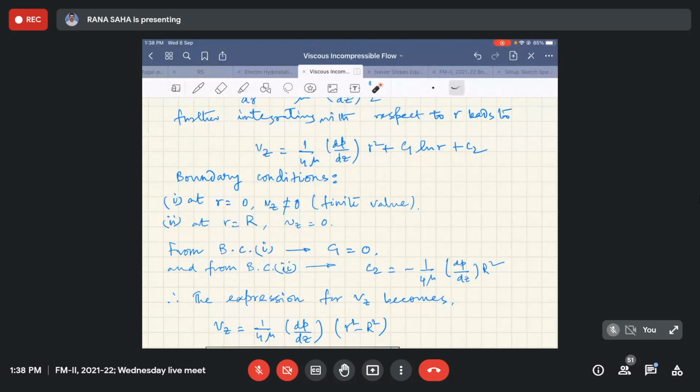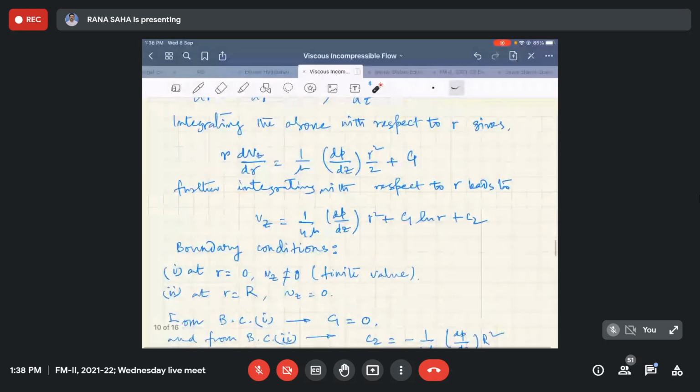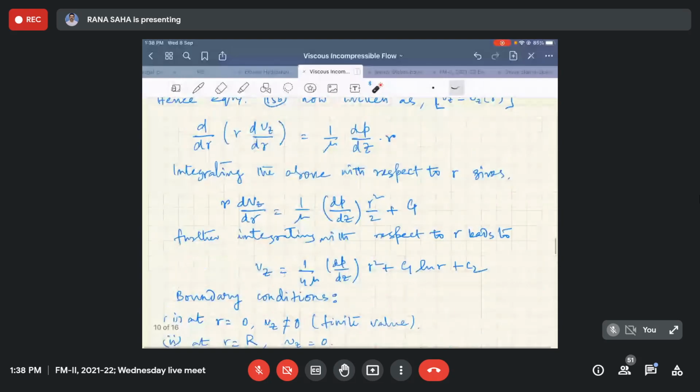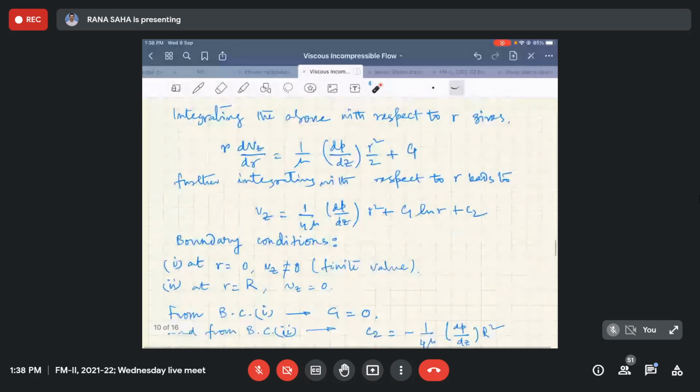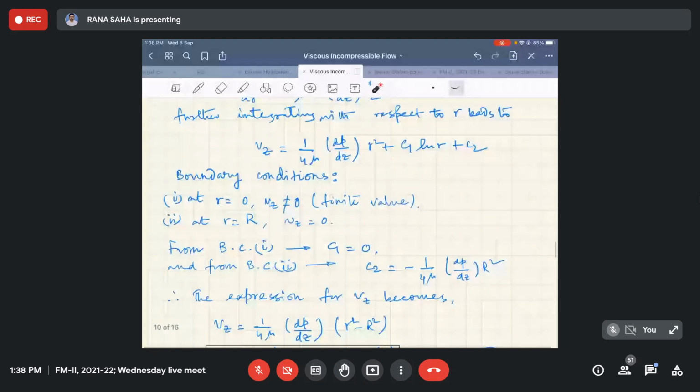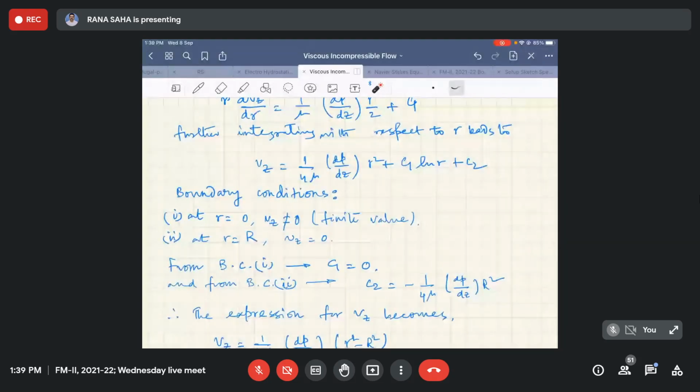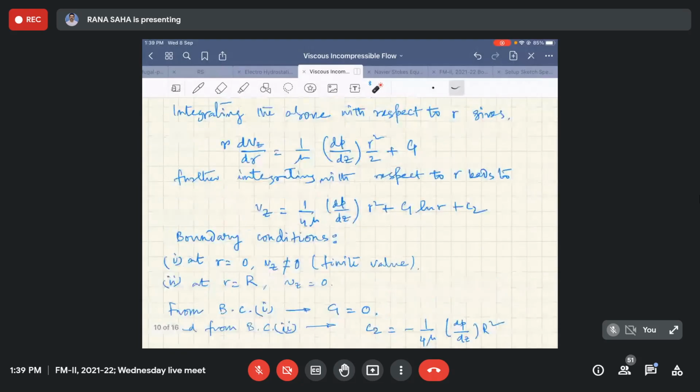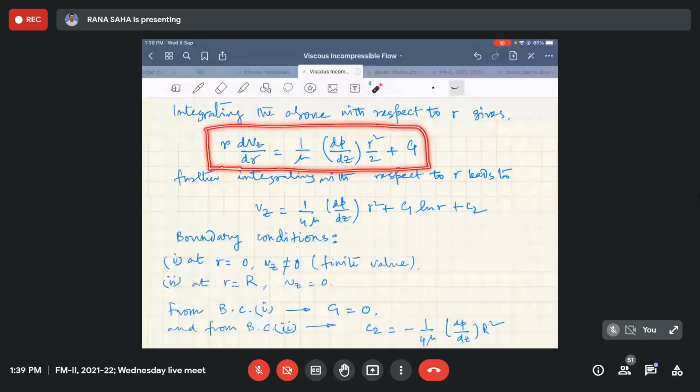So from this boundary condition 1 at r equals 0, if you look into the nature of the equation, we can write C1 equals 0 by this equation at r equals 0.